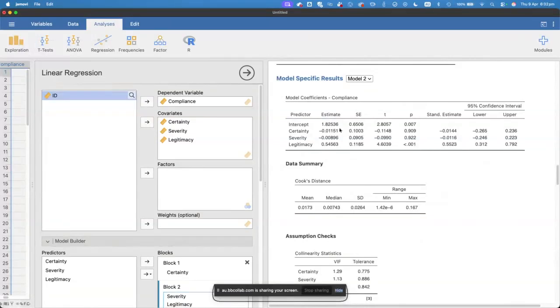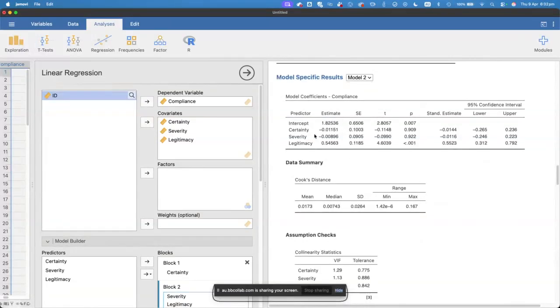I've sort of done that through that example, but the interpretation for these estimates is, for every 1 unit increase in legitimacy, there's a 0.54563 increase in compliance. Similarly, for every 1 unit increase in severity, there's a 0.008 decrease in compliance, but that's non-significant, so it's no different to 0, and similarly for certainty.